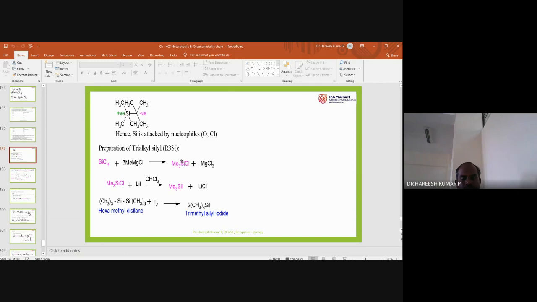So if you want to prepare trimethyl silyl chloride, the reactant is silicon tetrachloride. That tetrachlorosilane reacts with methyl magnesium chloride.